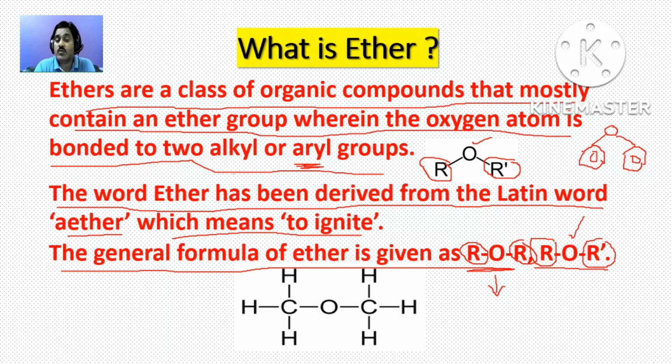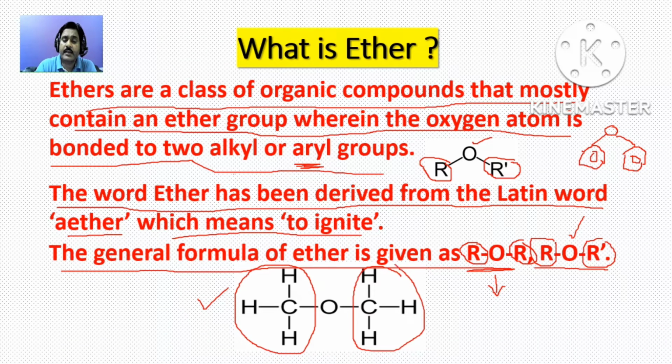Here is an example of a symmetrical ether. A methyl group is here, and similarly another methyl group is here, and these two methyl groups are bonded with the oxygen atom, so it is called a symmetrical ether. That is the introduction about alcohols, phenols and ethers.